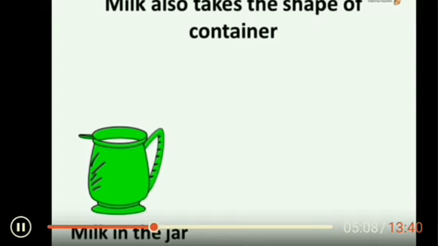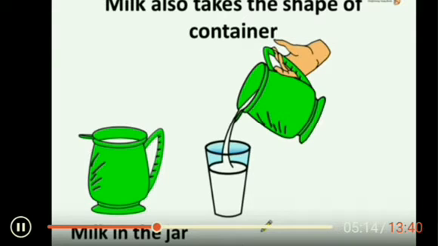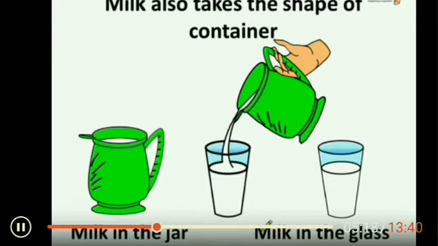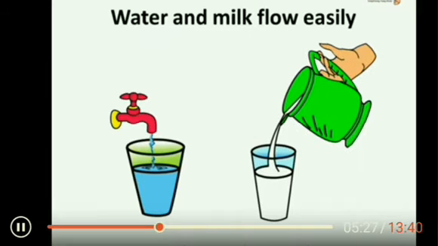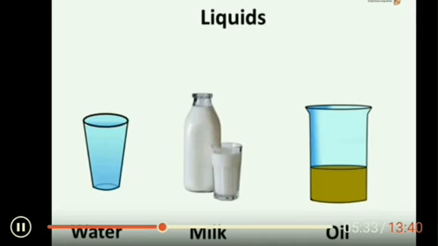Milk also takes the shape of the container. When we pour milk in the glass, milk takes the shape of the glass. It does not have a definite shape. We can flow water and milk easily. So, examples of liquid are water, milk and oil.